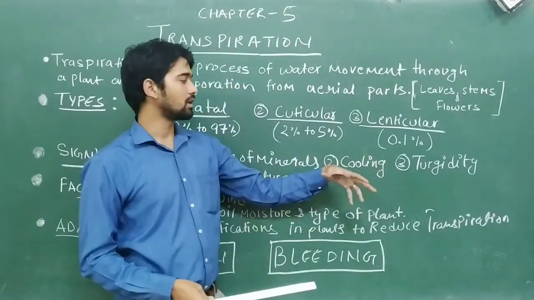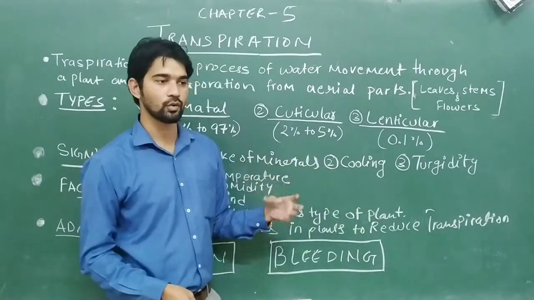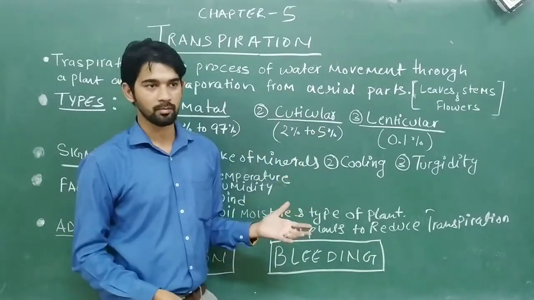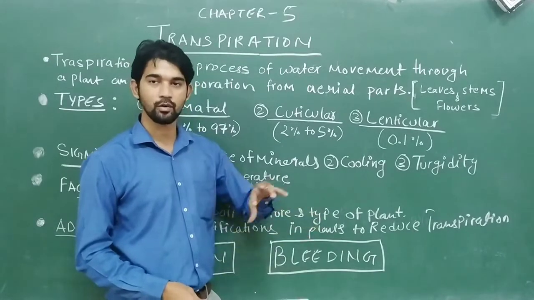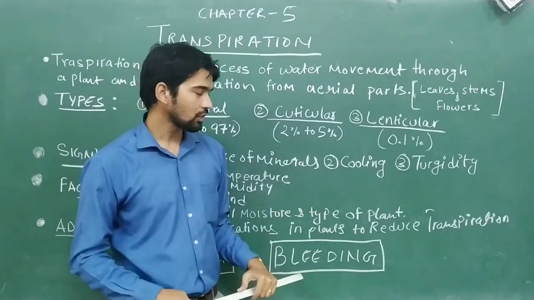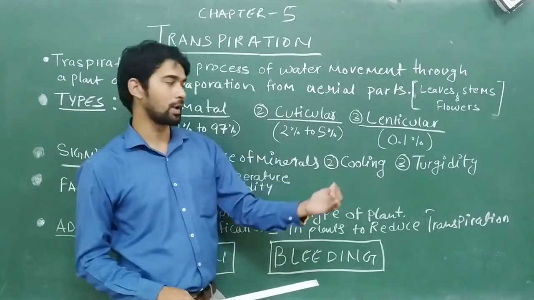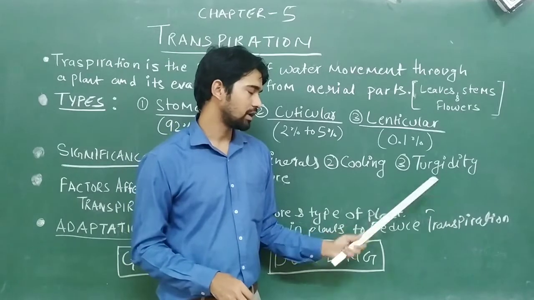It helps in reducing the amount of heat that is stored inside the plant, and it is released by water, because water has a very good latent heat capacity which releases heat when it converts from water to water vapor. The third point is turgidity.